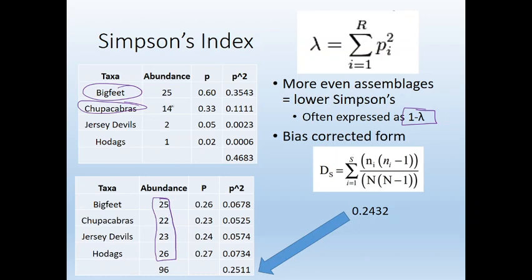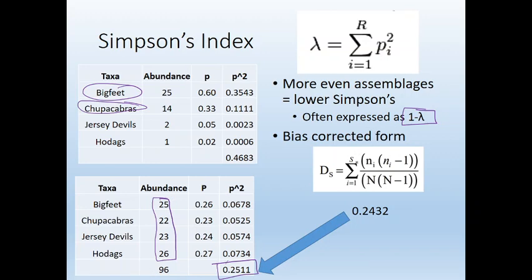Here we have a higher probability of pulling two of the same species, meaning it is less diverse, whereas here we get a lower number, meaning it is more diverse. Or maybe I shouldn't use the word diverse, I should use the word even.